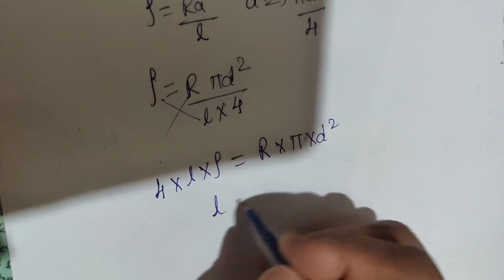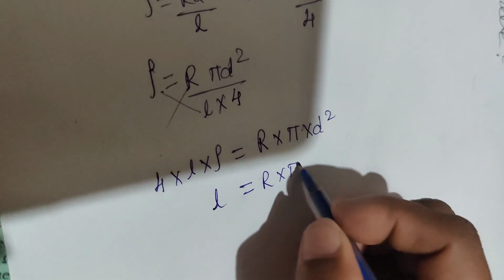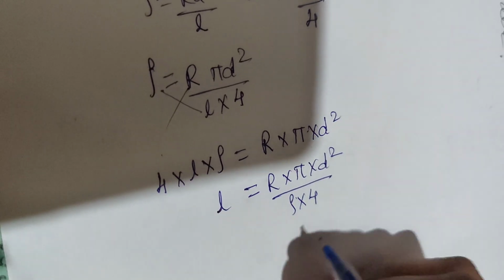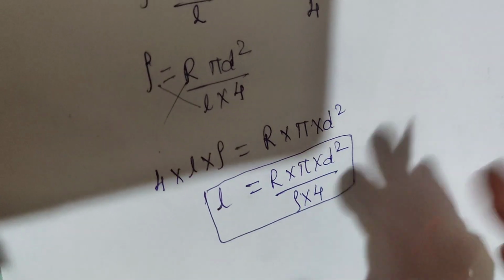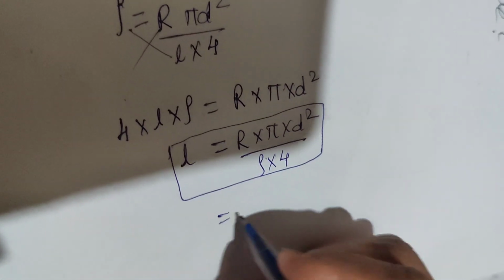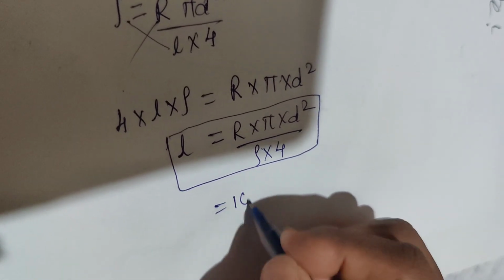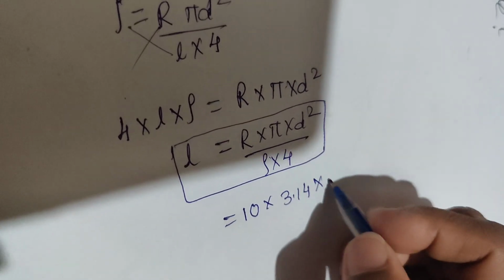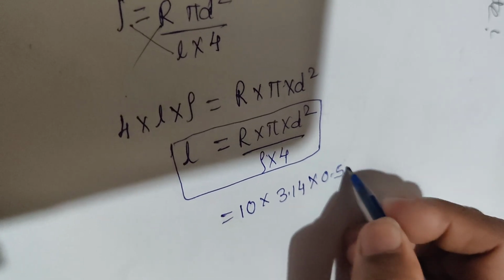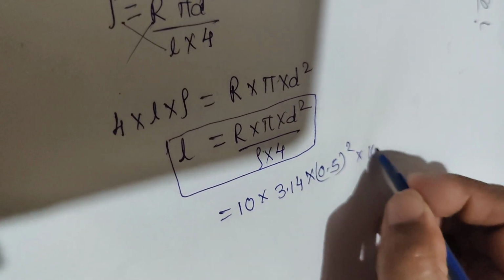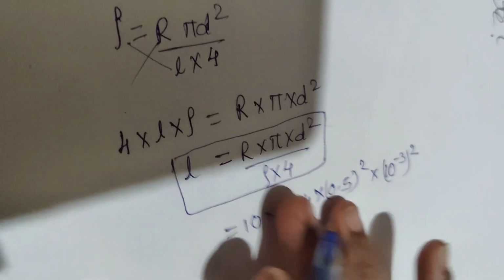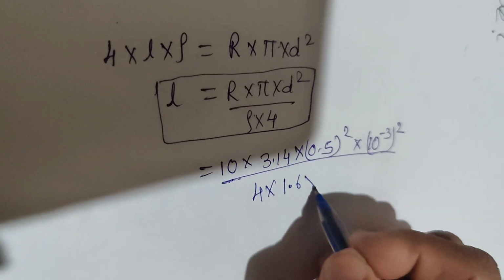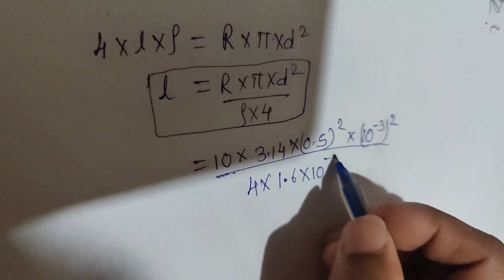Next, L we want, so L is equal to R into pi into d square by rho into 4. Like this we want to alter the equation. Okay, so let us substitute now. R is equal to 10 into pi is equal to 3.14 into d square, 0.5 square into 10 to the power of minus 3 whole square, by 4 into 1.6 into 10 to the power of minus 8.